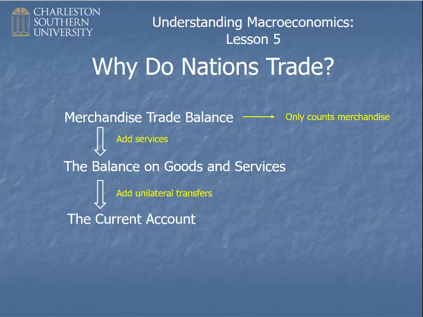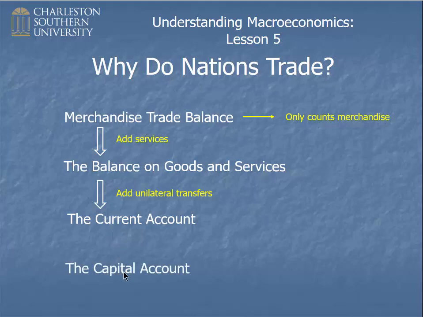You're not actually buying anything. It's unilateral. It's not bilateral. You're sending money and you don't really expect anything in return. Turns out that Americans send a lot of money that way and not too much comes back toward us, and those things are called unilateral transfers. So you take the balance on goods and services, you add unilateral transfers, and you get the current account.